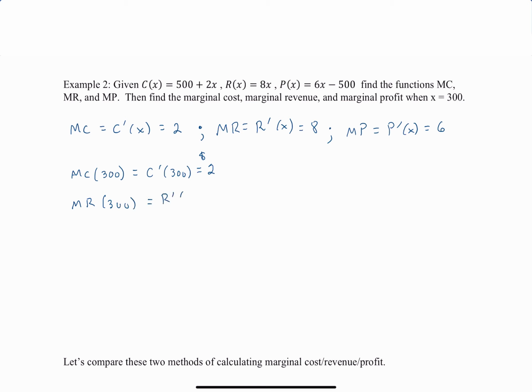Well, R prime is always 8, so that's $8. And the marginal profit at 300 is P prime of 300, which is $6.